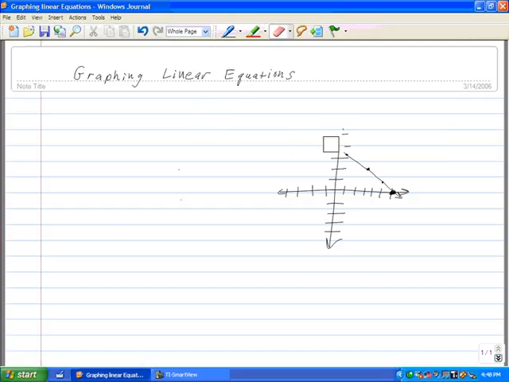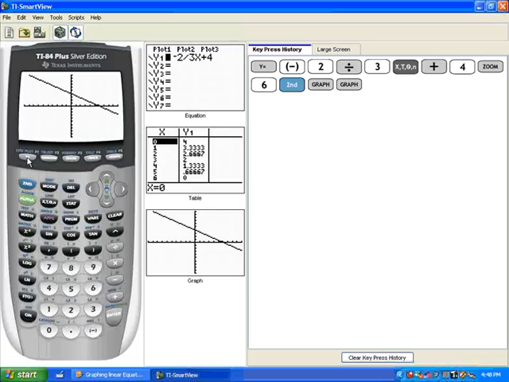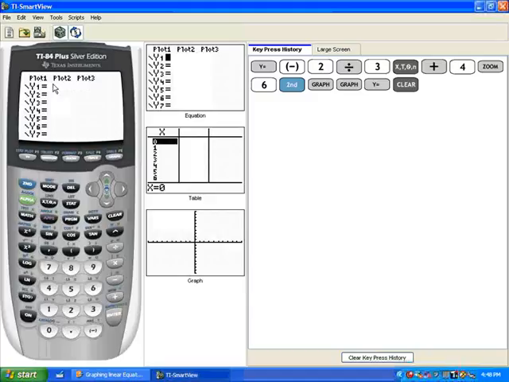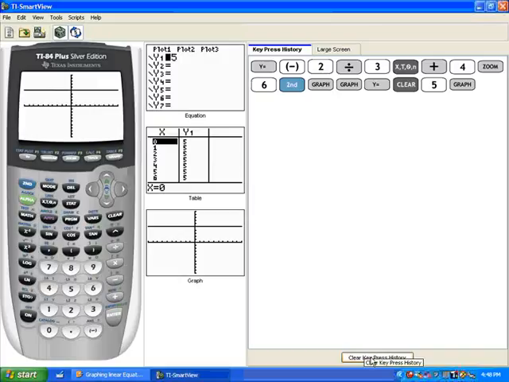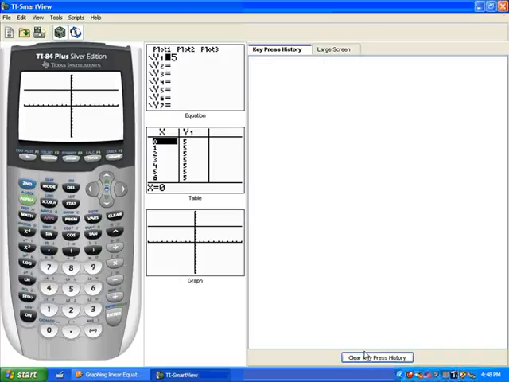If we look at a couple special cases, and that's what I usually call these two particular graphs, if we have an equation like y equal 5, for example, now that actually is one, in fact, that your calculator can handle. If we clear out the equation that's there and put y equal 5 in and graph that, what we see from that graph is a horizontal line.